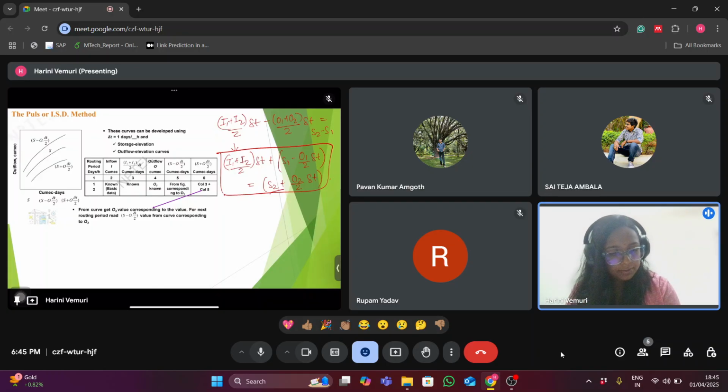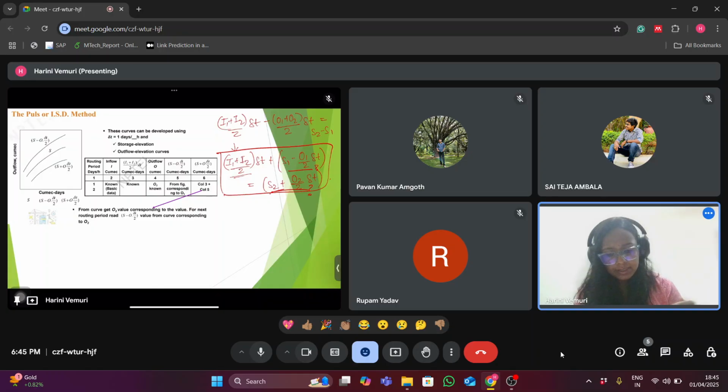So in this, if we have an inflow hydrograph, we can easily calculate (I1 plus I2) by 2. But we don't have an idea of how S1 or O1 can be evaluated. So these two terms are unknowns.